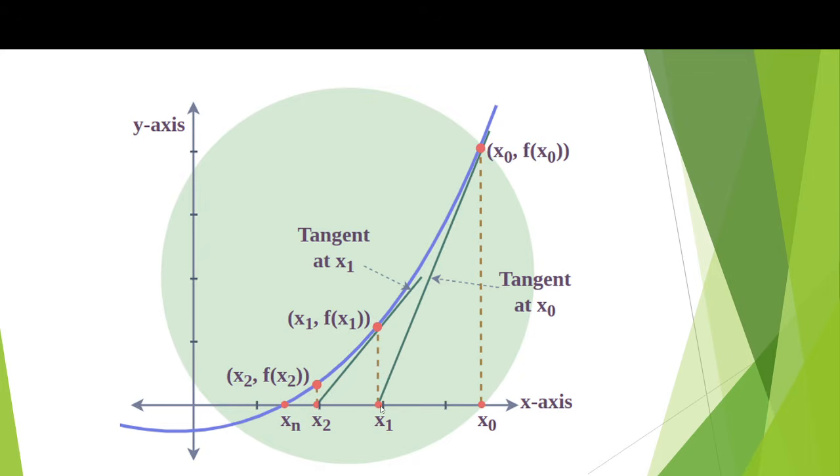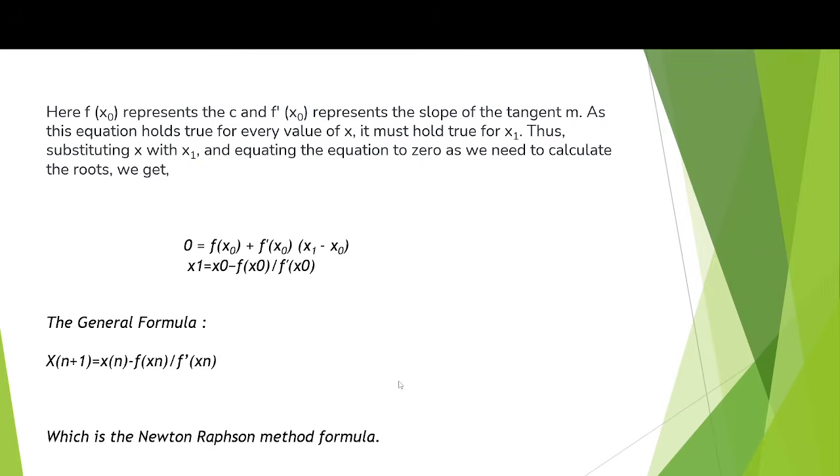At point x1 I have also drawn another tangent. This tangent will also intercept at a point x2. Now the process will repeat until we get the root of the function f(x). Okay, I hope this is clear to you.